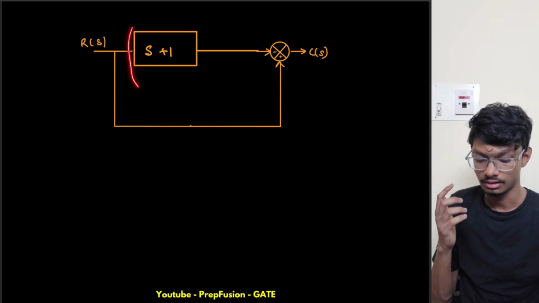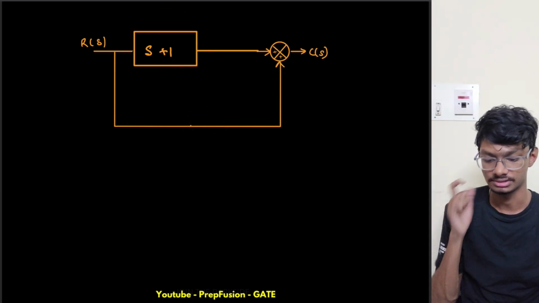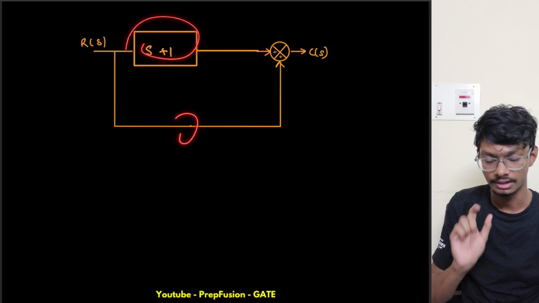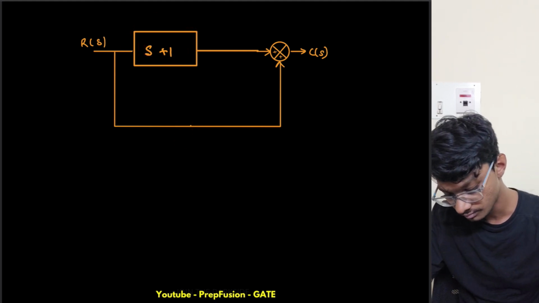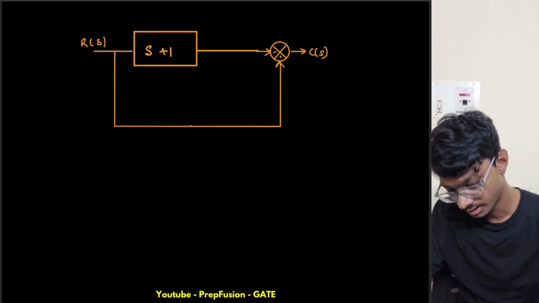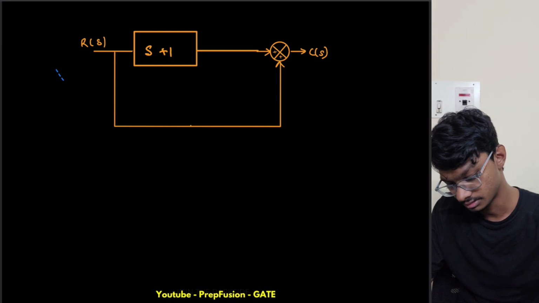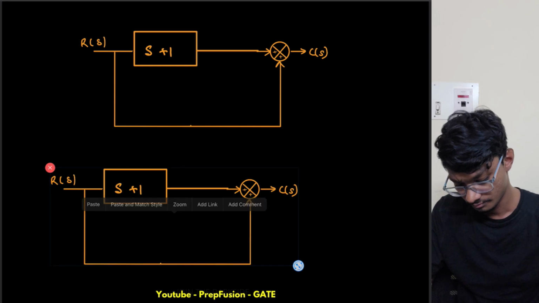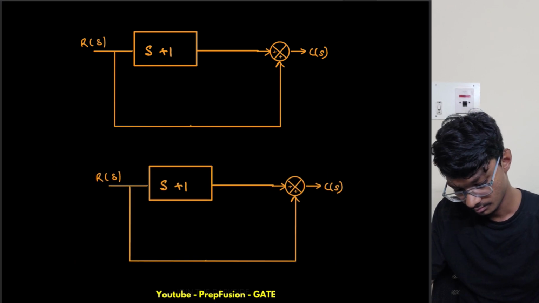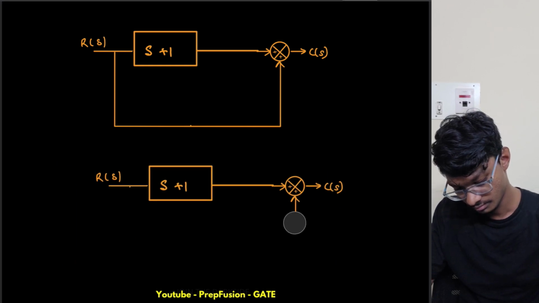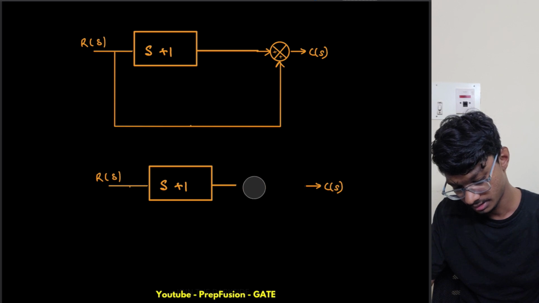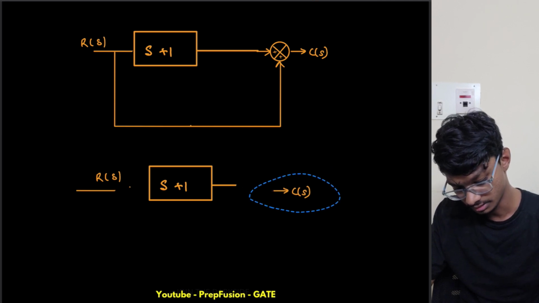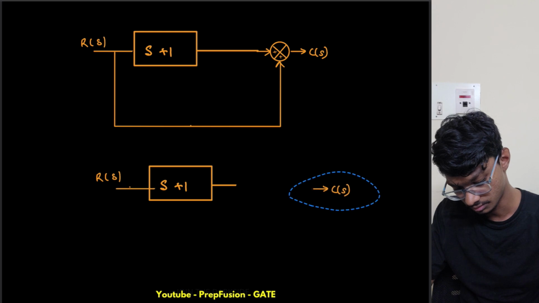Now how are these two related? What I can see is simply these two are connected in series, so again I can replace this whole thing with a single block. Replace the adder, bring it over here.